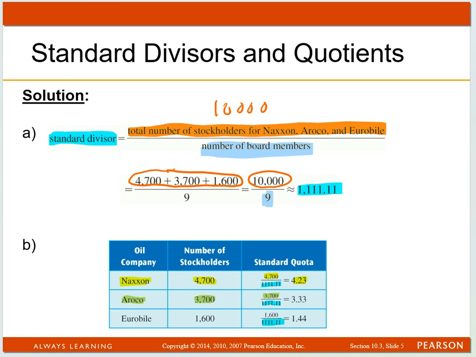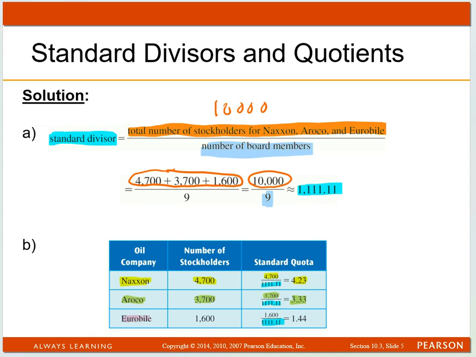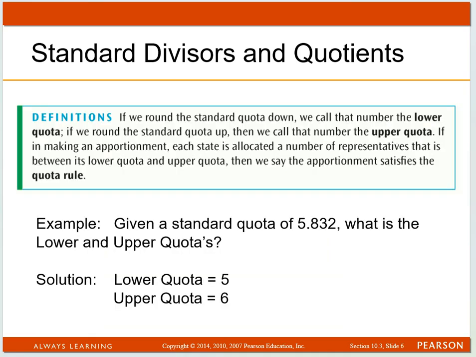That's the numerator, and when you divide it by the standard divisor, you get this number. Then we've got Eurobile, which had 1,600, and 1,600 divided by the standard divisor gives you this number. Those are what they call the standard quotas.